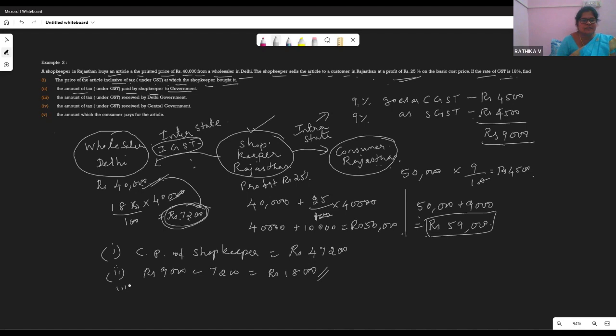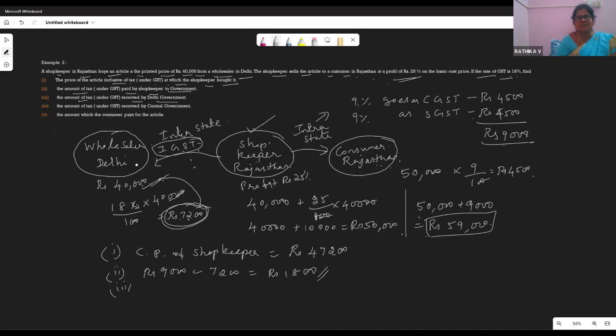And the third question is the amount of tax received by the Delhi government. Can anyone say how much the Delhi government will receive? You can give the answer whether it's right or wrong, it's not a problem. I clearly said that he is paying the amount as IGST, and IGST will go to the central government.